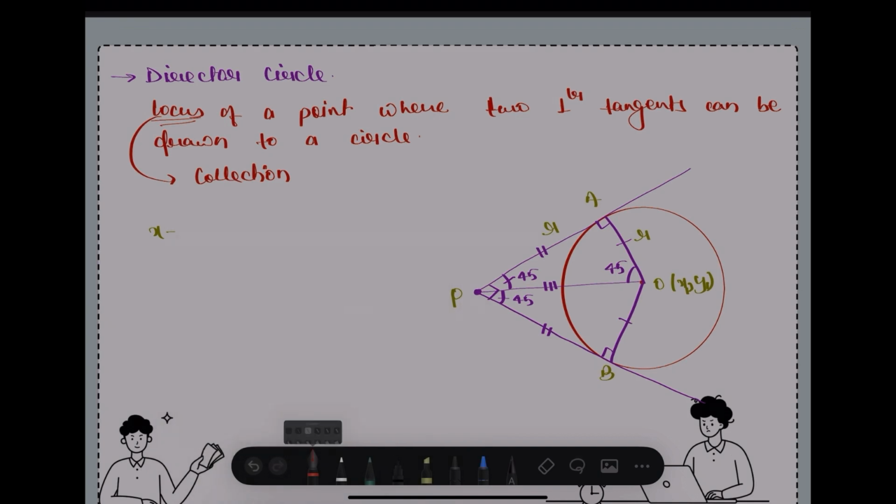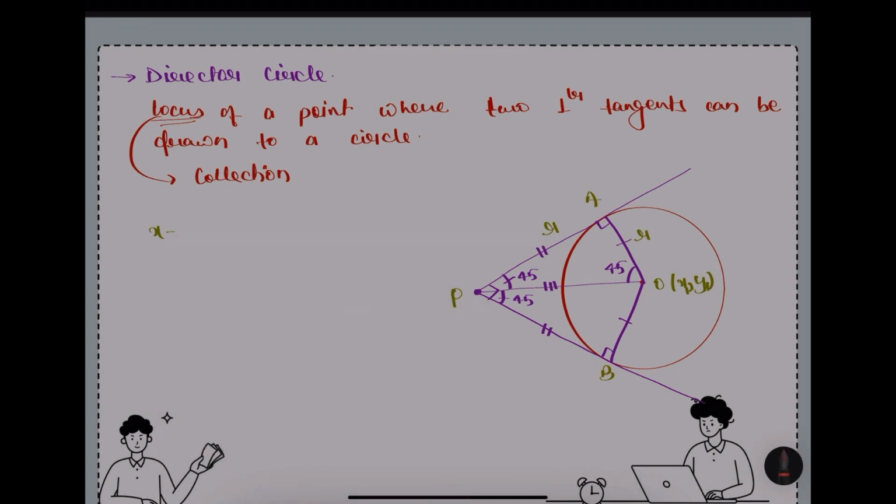Suppose you want to draw a circle. From here we get equal tangents for sure. We are interested in finding the points where the tangents are perpendicular to each other. So both circles will have the same center, meaning the director circle and the normal circle will be concentric.